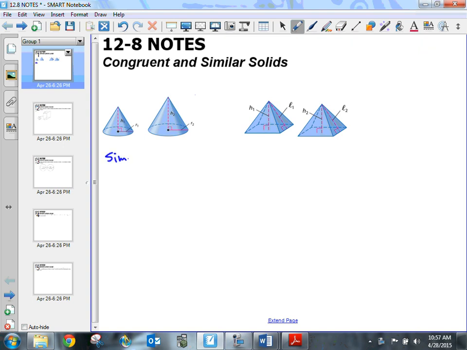Okay, so similar solids. We know if we have similar solids, the corresponding measurements are proportional.